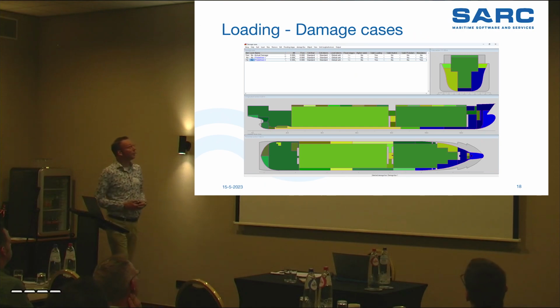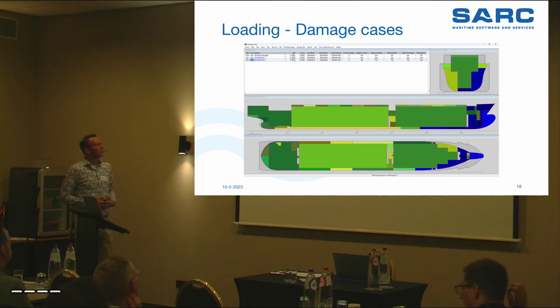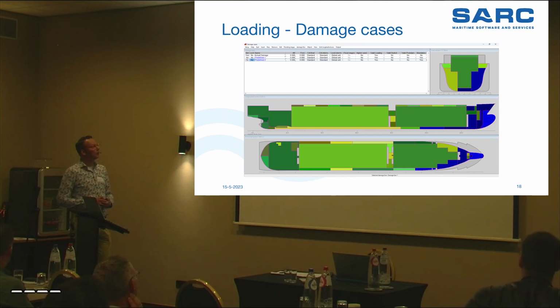Another tip is damage cases. Damage cases can be made in loading, but damage cases can be used for several damage stability calculations. They can be used for deterministic calculations in loading.